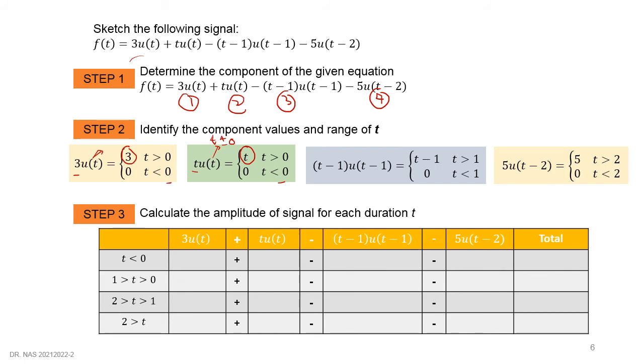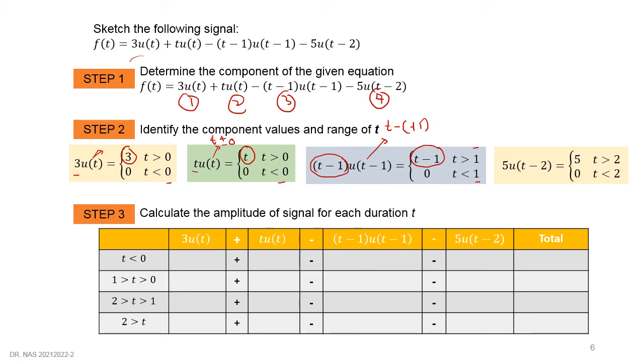Next one, the maximum amplitude is t minus 1. Since this is the value stated in front of you, how about the range of t? Here is t minus positive 1, so t less than positive 1 and larger than positive 1.